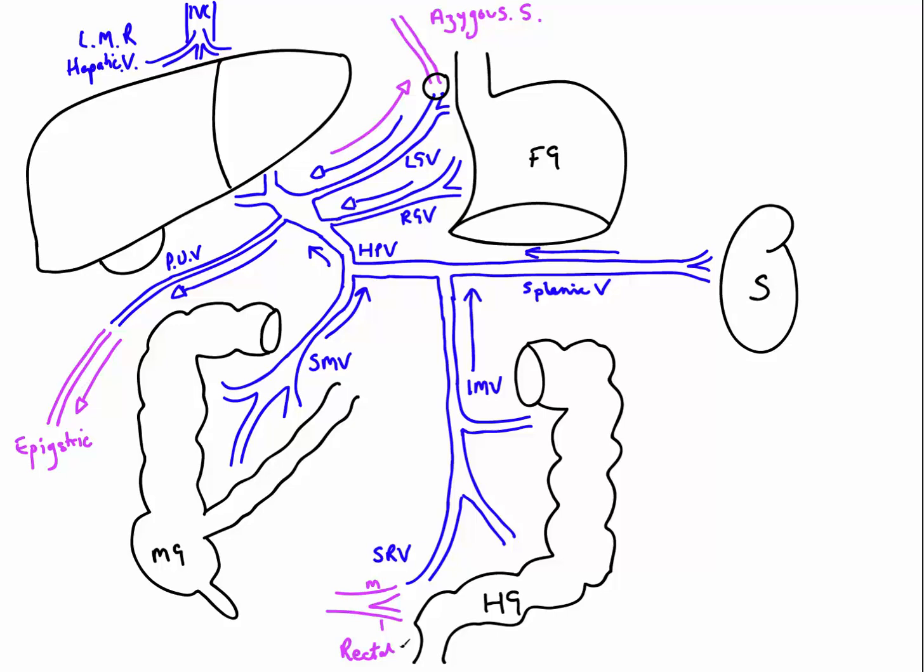And these drain into the internal iliac, which again will run into the inferior vena cava. So here we can see another, I forgot to add the circle in this one, just do it now. And here we can see another one of those portal systemic anastomoses. Blood is now going to pass away from the hepatic portal vein, away from the inferior mesenteric vein, and it's going to run towards the internal iliac.